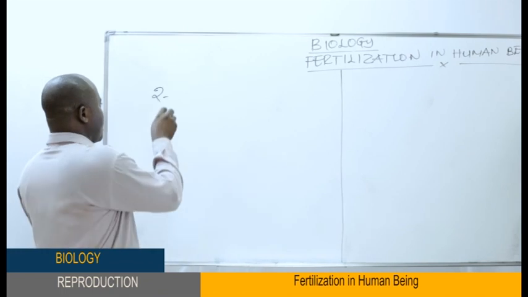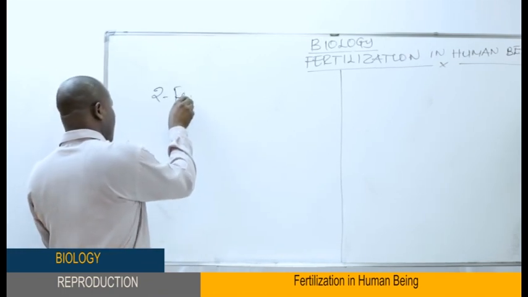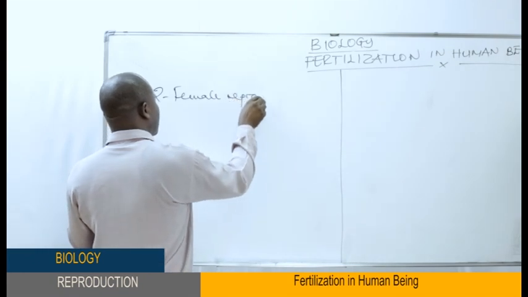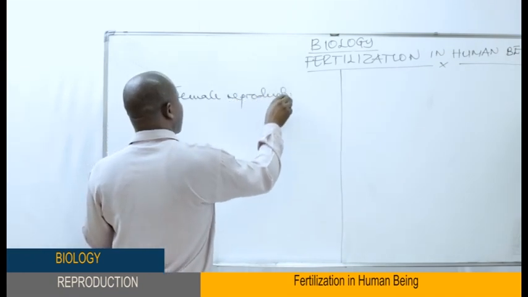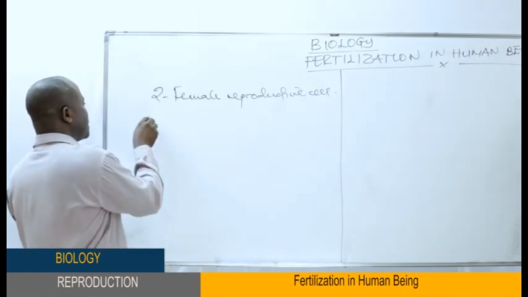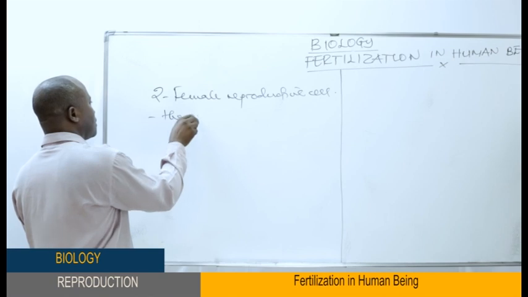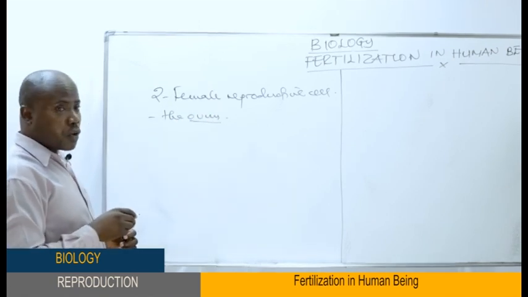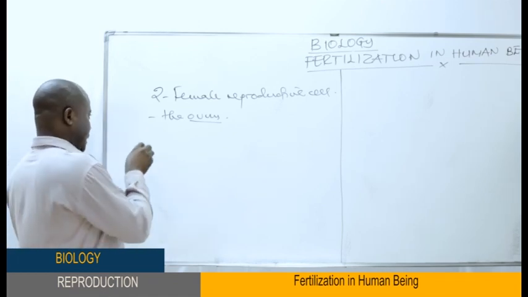There are female reproductive cell. This is known as the ova.